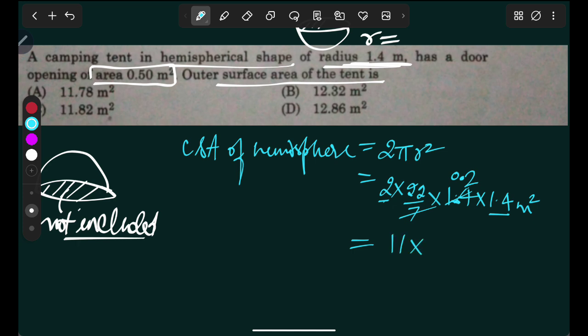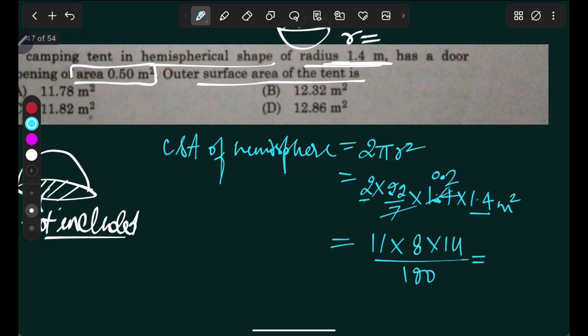Now 2 into 2, 4. 4 into 2, 8, into 14 upon 100. So that is 11 into 8. 8 times 4 is 32, 2, carry 3. 112. So 112 times 11 is 1232, 12.32.